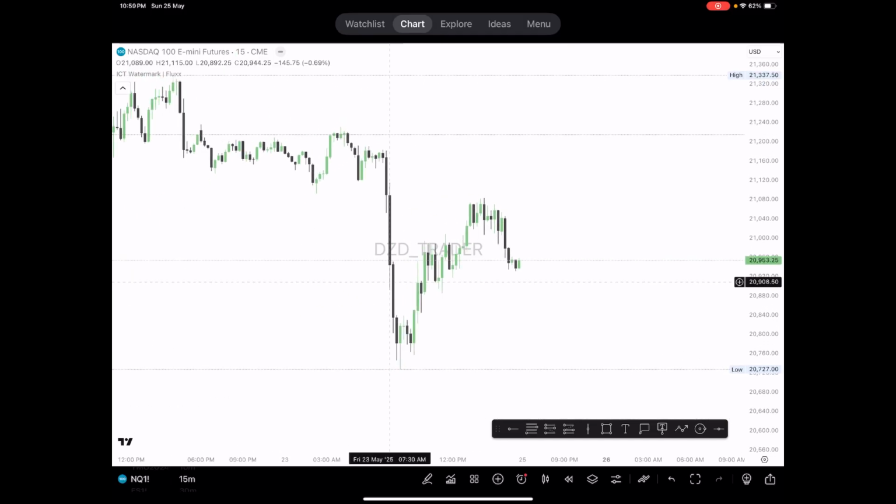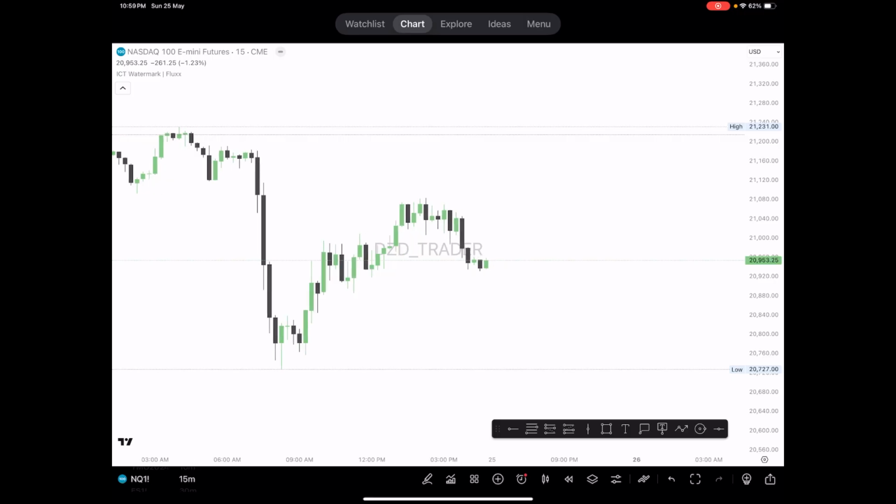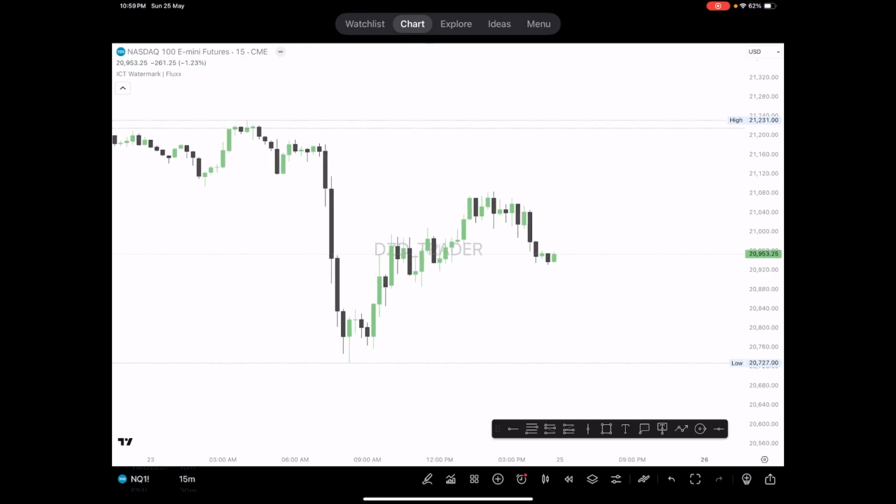This is Friday. On Friday, I took this trade all the way up there. The reason is that there is a volume imbalance. I mean, there's a liquidity void. There's one. There is another one.